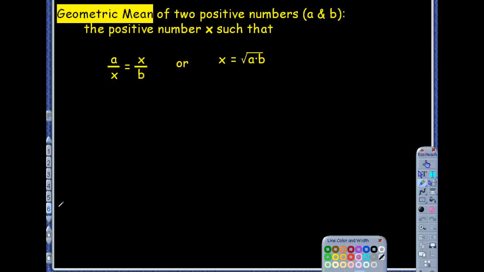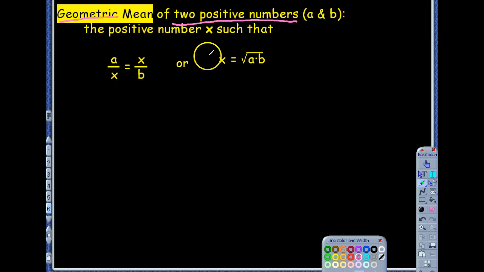There is a very special thing called the geometric mean, and it is exactly what we just did, really, in a sense. It is when we have 2 positive numbers, and they are going to have to be positive numbers. Because we're using this within geometry, a lot of times you're talking about side lengths and things, so you're going to be looking at the positive values.